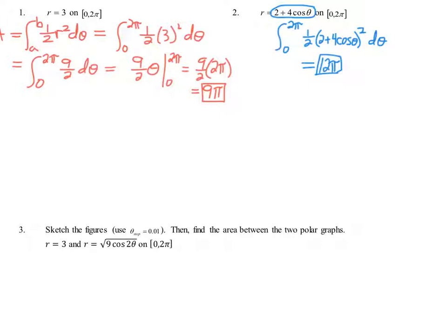So you have two graphs or two equations, which means that you have kind of a sticky situation when it comes to domains, because sometimes a domain that works for one doesn't work for another. So it may be perfect for the r equals 3. In fact, it is, because we know it is. We did it already. But it may be an overestimate for the r equals the square root of 9 cosine 2 theta. All right, so just give it a quick look in your calculator.